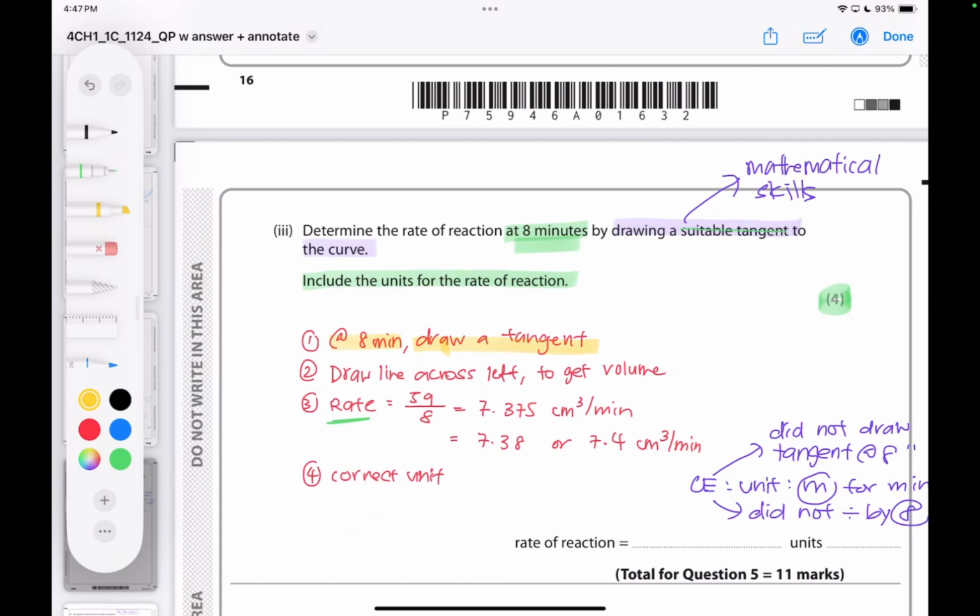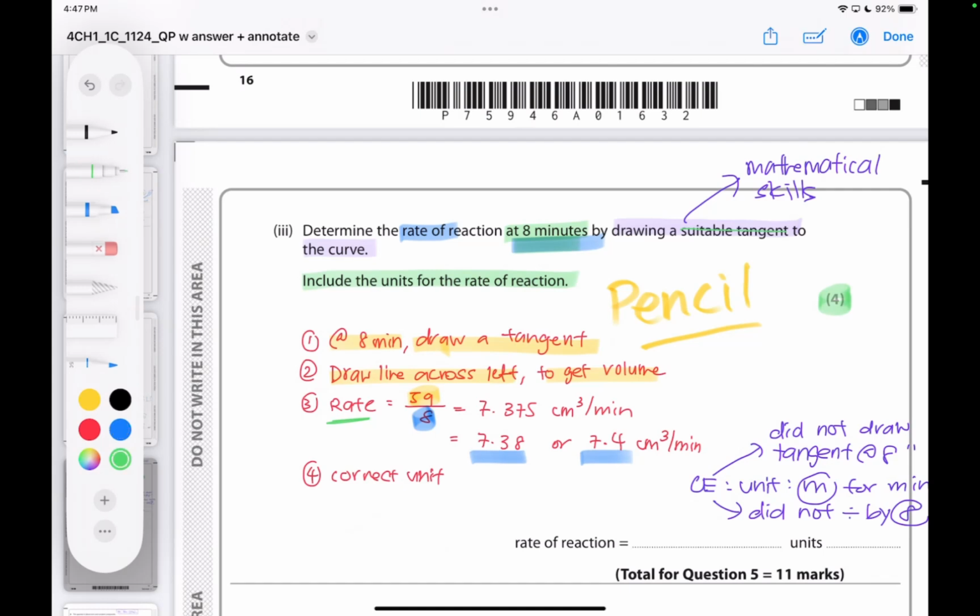Ideally, use pencil for drawing. Then draw a line to the left side to get the volume. The volume accepted is between 58, 59, or 60, and you must remember to divide by time, because we're looking at rate of reaction. Since it's given at the 8th minute, we divide by 8. So we end up with answers like 7.38 or 7.4.